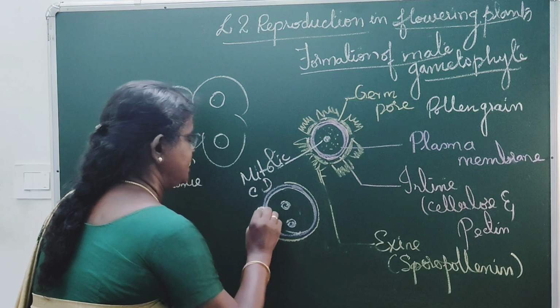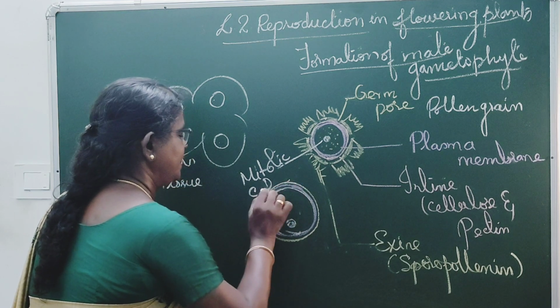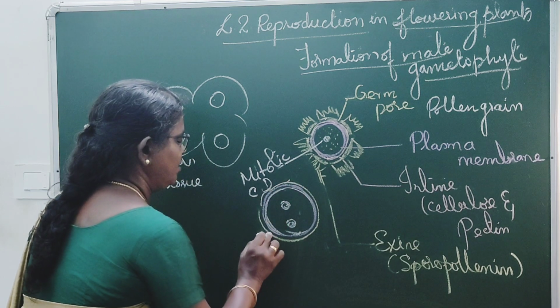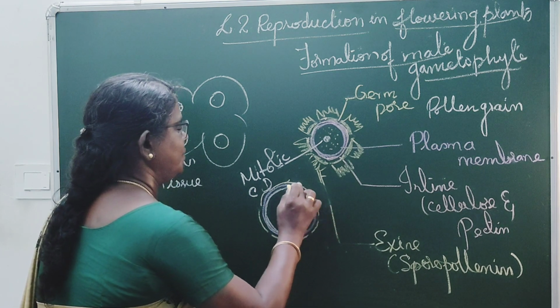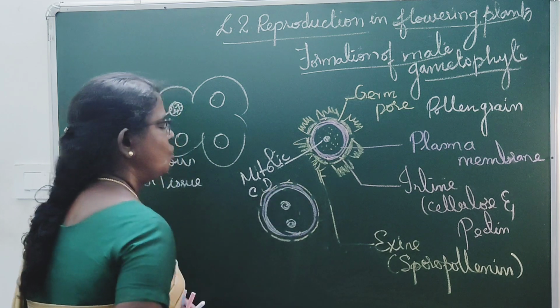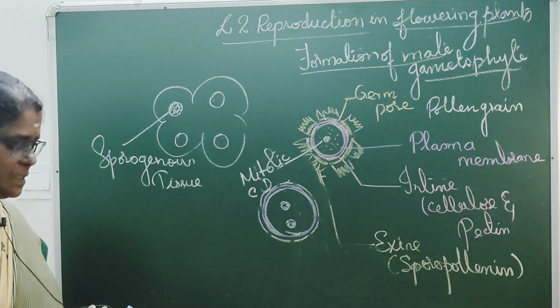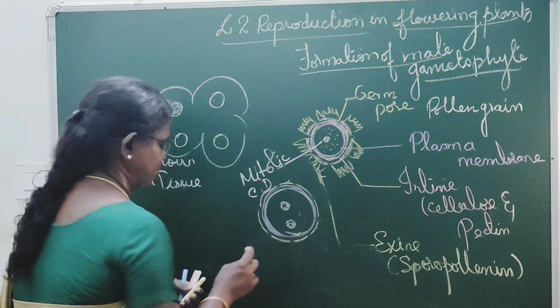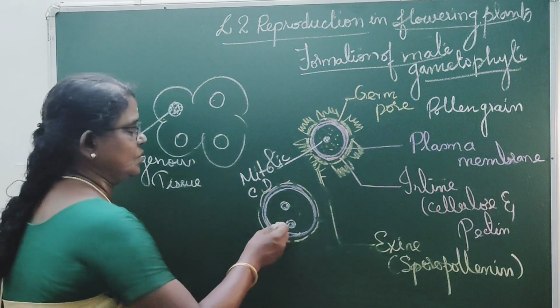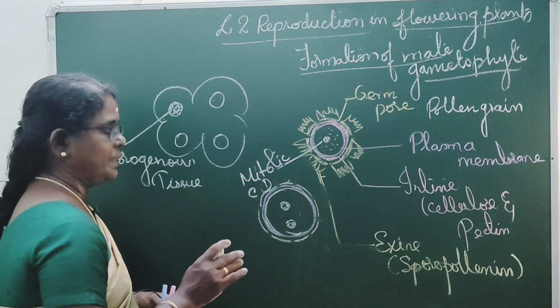Then cytokinesis takes place. This cytokinesis is not proper. The cytoplasm is divided improperly, which means one cell has more cytoplasm and another cell has less cytoplasm. So here you see, the cytoplasm divides improperly.